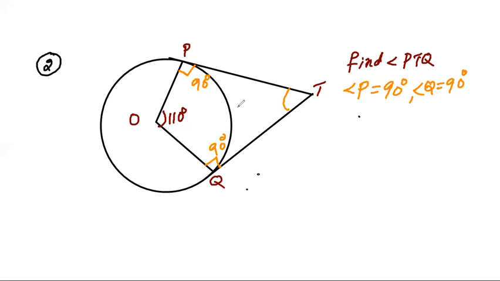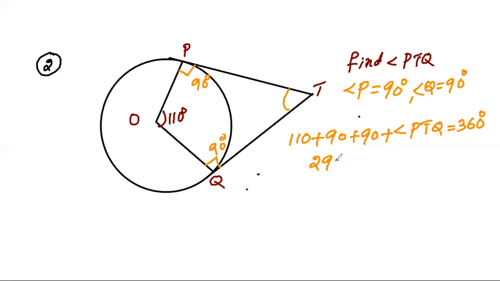In a quadrilateral, angle sum is equal to 360 degree. You can add the 4 angles. 110 is the first angle, the second angle is 90, the third angle is 90, and the fourth angle is PTQ. If you add the 4 angles of a quadrilateral, we expect to get 360 degree. 90 plus 90 is 180, plus 110 is 290.